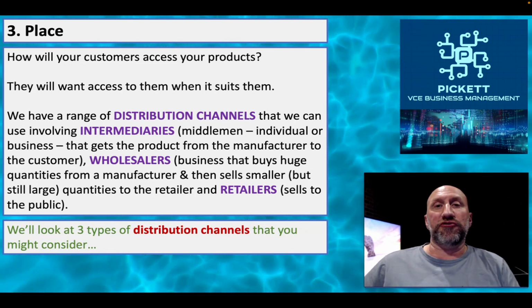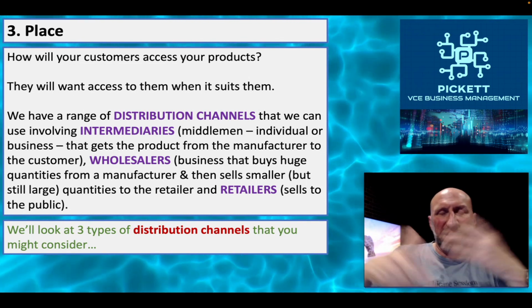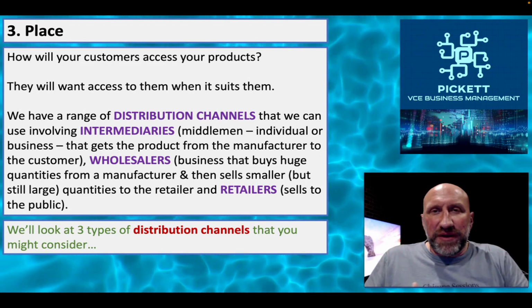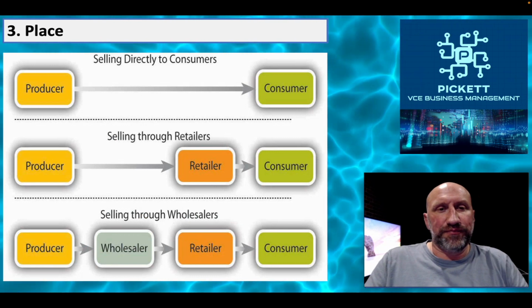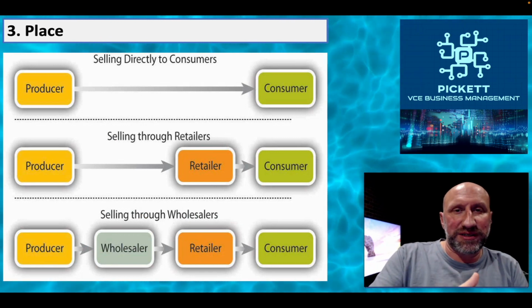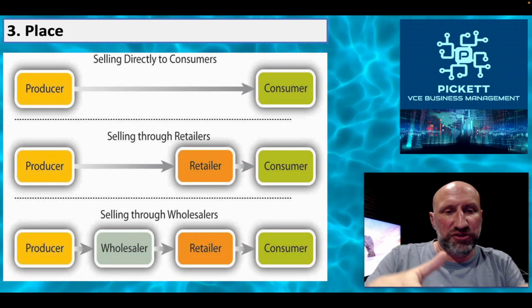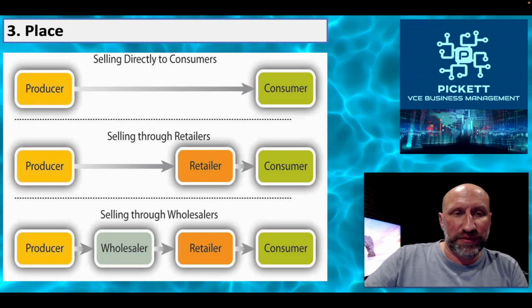Basically, we can look at three types of distribution channels. There's three fundamental types. There's other little anomalies around this, but fundamentally, there's three different distribution channels that you might consider. Number one on the top there, the producer of the product selling direct to the consumer. No intermediaries, no wholesalers, just one step.